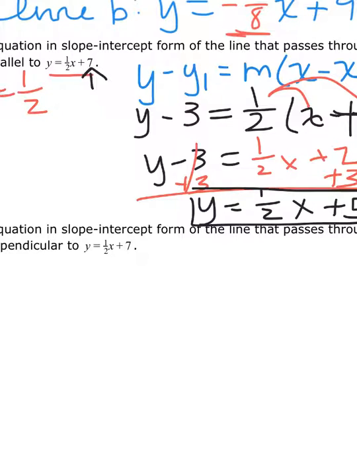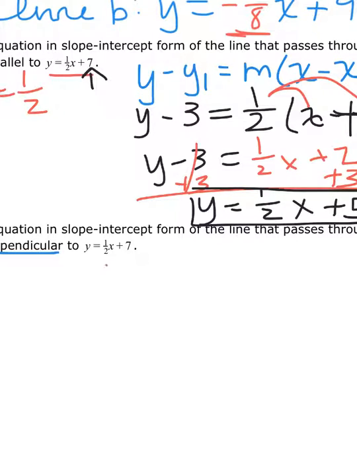So example 2 says, write an equation in slope-intercept form of the line that passes through the point -4, 3, and is perpendicular to y equals 1/2 x plus 7. All right, so I know my point is -4, 3.